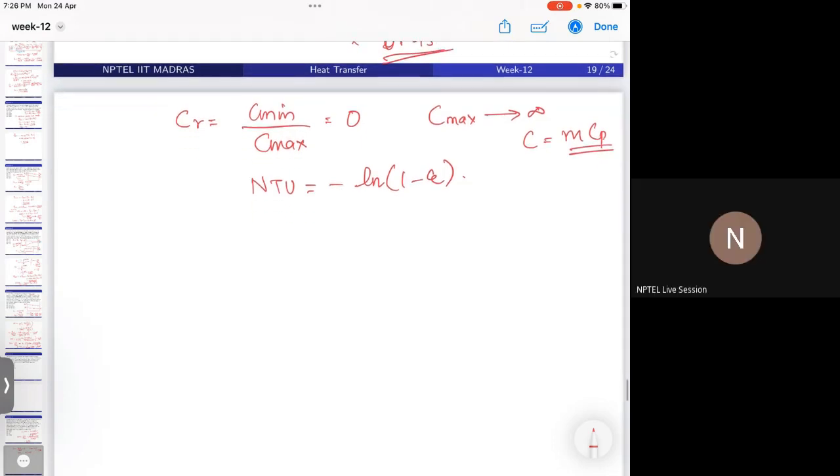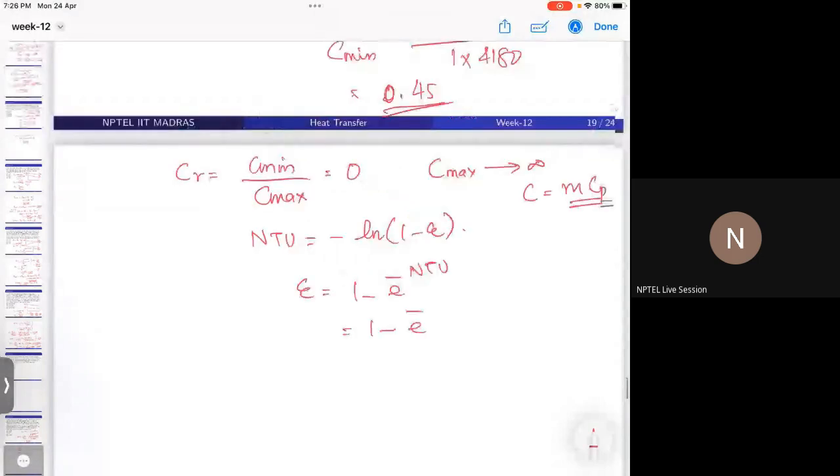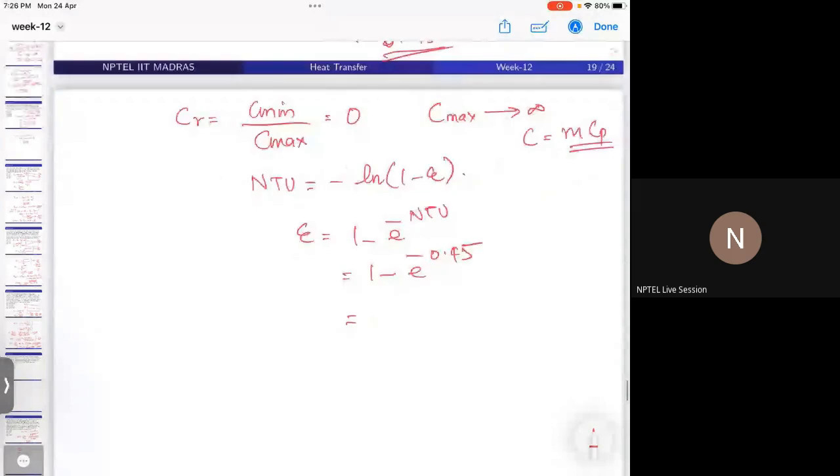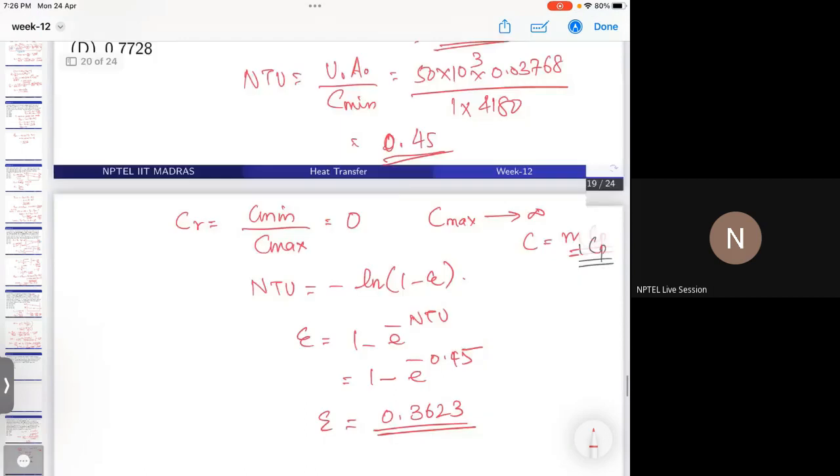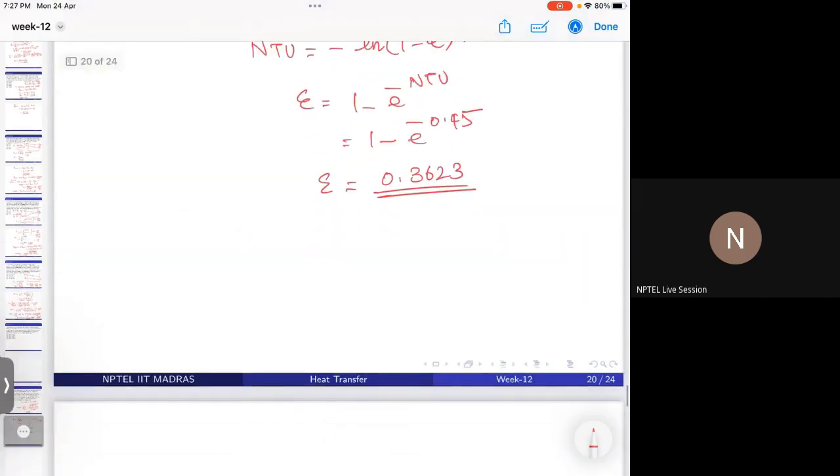Yes, sir. So if you rearrange this, you will get epsilon is equal to 1 minus e raised to minus NTU, which is 1 minus e raised to minus 0.45. This will come out to be around 0.3623. Okay, so we got epsilon. What is our question? We have to find out the exit condition of the steam.